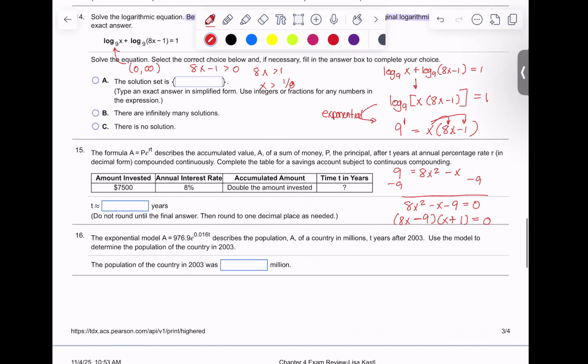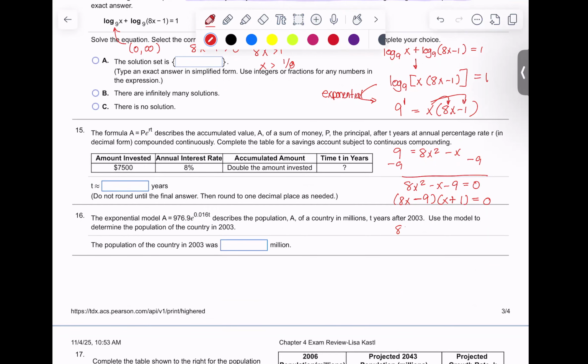So now I'm going to set each factor equal to 0 and solve the resulting equations. So I'm going to add 9 and divide by 8. x is 9 over 8. I'm going to subtract 1. x equals -1. Nope, that is not a solution.